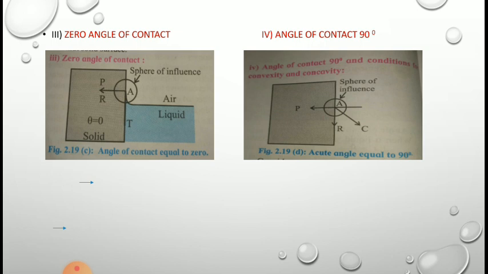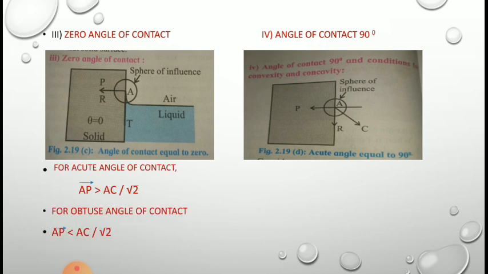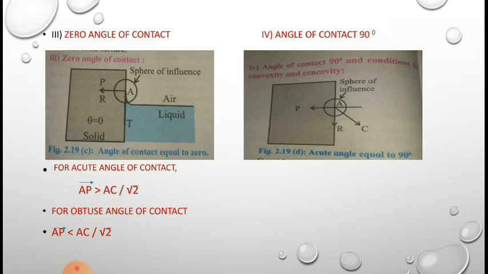For this to occur, vector AP should be equal to vector AC divided by root 2, where AR is the magnitude of the net force.